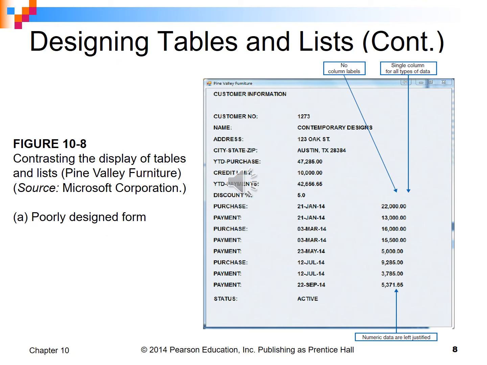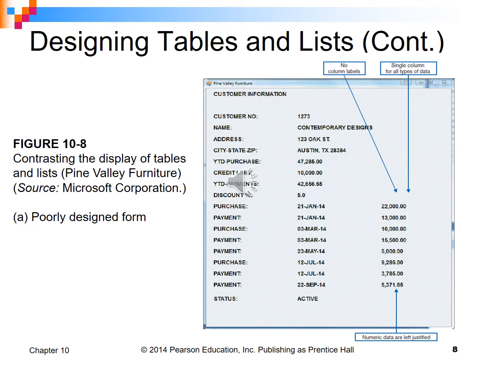Well, let's see in this example if any of these guidelines are being followed, or how bad it is here. It's a poorly designed form. If you look down there, you see the numeric data are left justified, not right justified. There are no columns labeled.